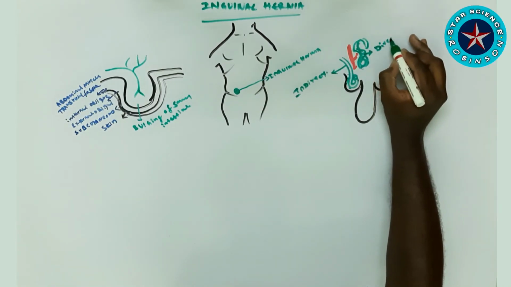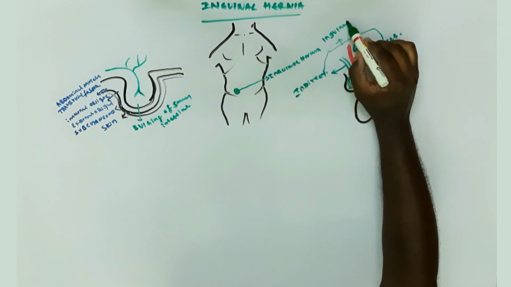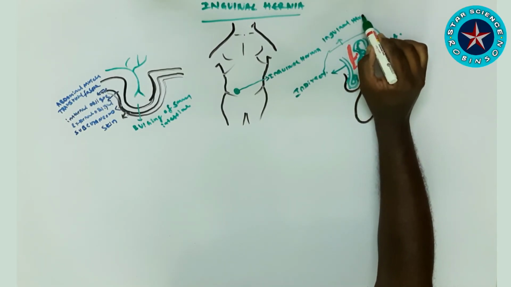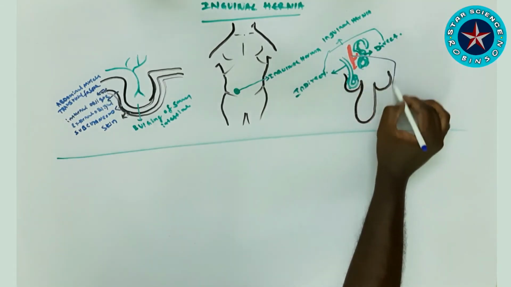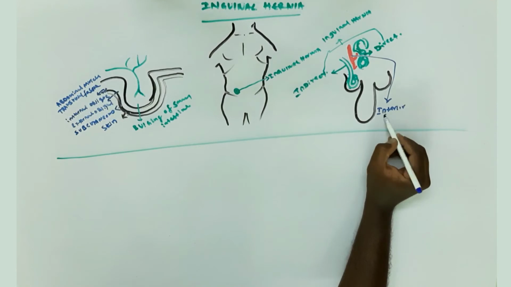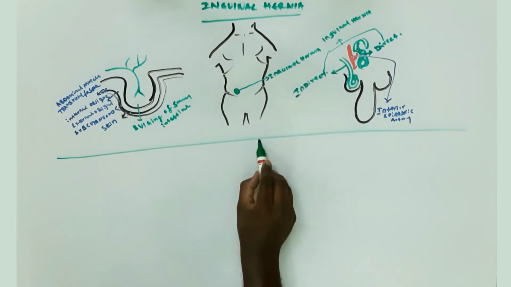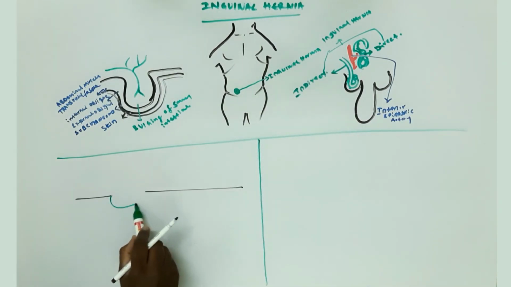That is what is seen in our diagram. Second, we are seeing the direct inguinal hernia, which does not pass into the inguinal ring. A direct hernia is medial to the inferior epigastric artery, and an indirect hernia is lateral to the inferior epigastric artery.